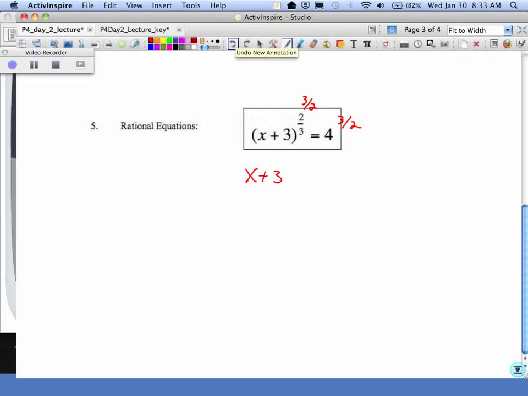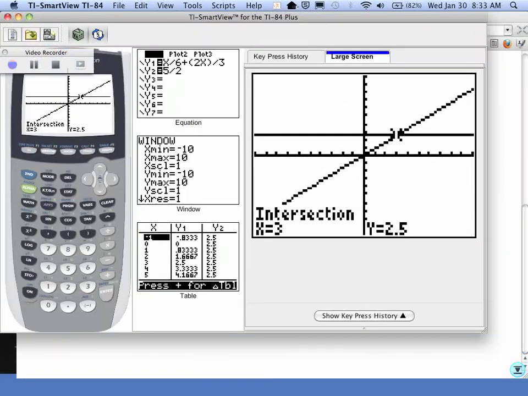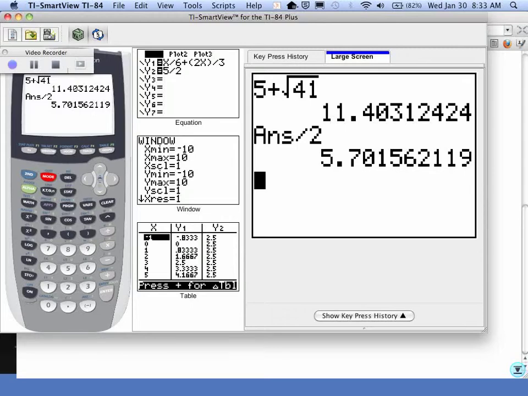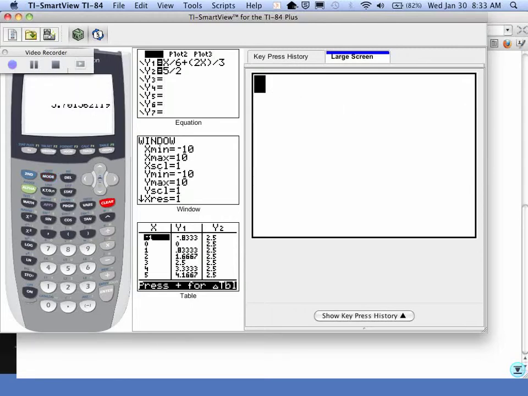Depending on how your calculator is programmed, when I hit 4 and raise it to the 2/3 power, my calculator has newer software, so it puts the exponent up there. Some of you will have to hit the caret symbol and make sure you put it in parentheses.